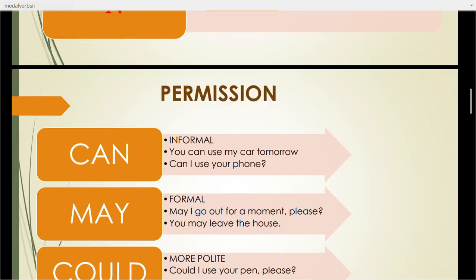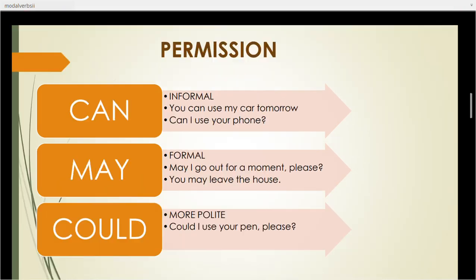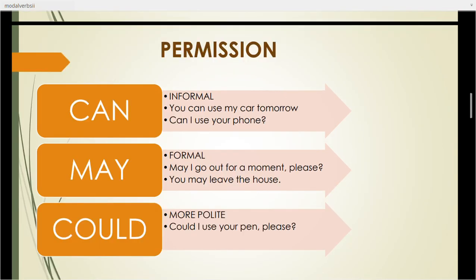Okay, in the first context, from the first group, we have three words: can, may, and could. Can. We use can in informal situations. For example, you can use my car tomorrow. In the interrogative form, can I use your phone?